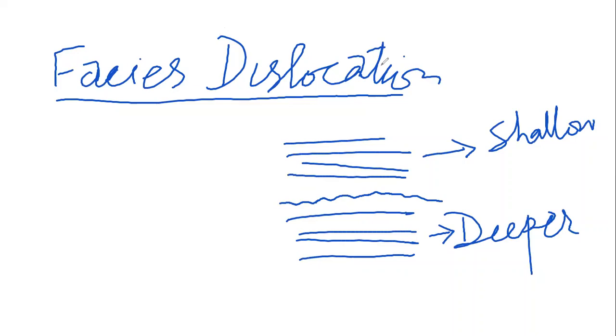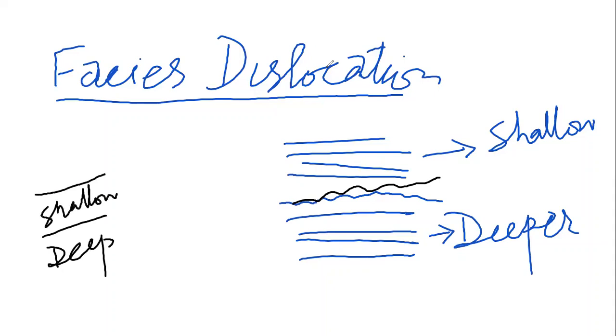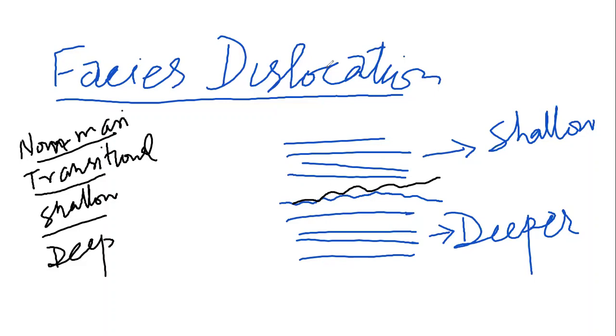You know that generally rocks are arranged as deep rocks, then followed by the shallow rocks, then followed by the transitional or marginal marine environment, and then followed by the non-marine or fluvial generally. Now, what is facies dislocation? Generally, rocks are arranged in this order.